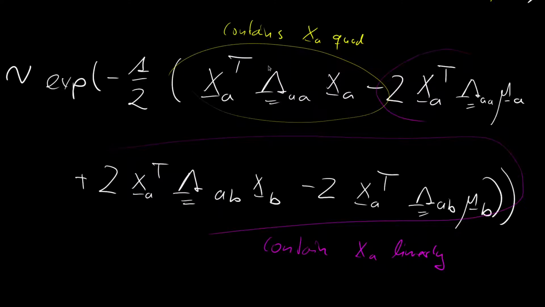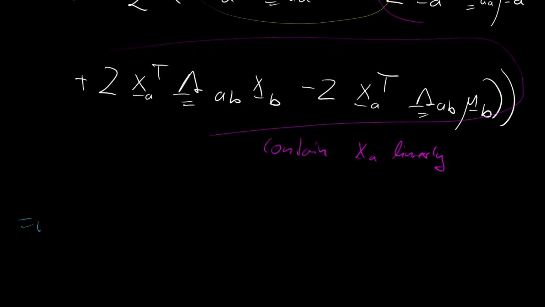If you have terms where XA is quadratic and linear, and you want one functional form over XA, this calls for a completion of the square. So that is what we will be doing in order to get our full distribution, which will be the completion of the square on XA.